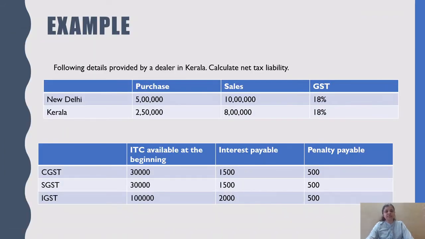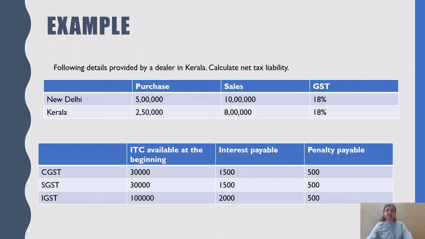Another purchase that we have made was from a supplier in Kerala. Now the dealer who has purchased the goods is also in Kerala and the supplier as well is in Kerala. That is why it has become an intrastate supply, that is supply within the same state. Being an intrastate supply, on this transaction CGST and SGST will be applicable. Now the tax rate which they have provided, 18%, has to be divided between CGST and SGST.